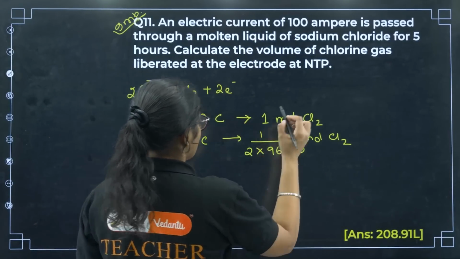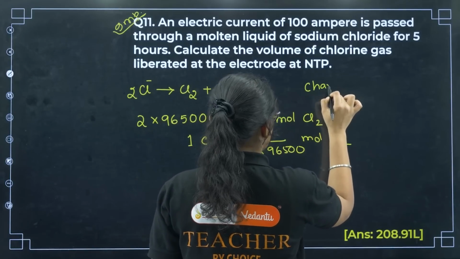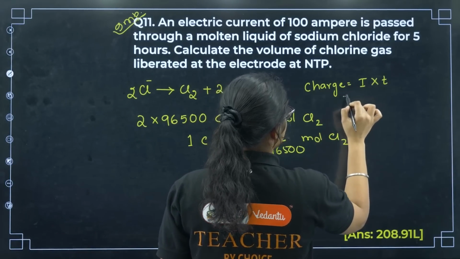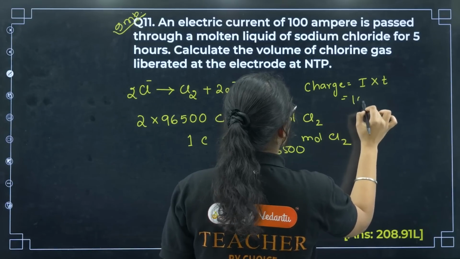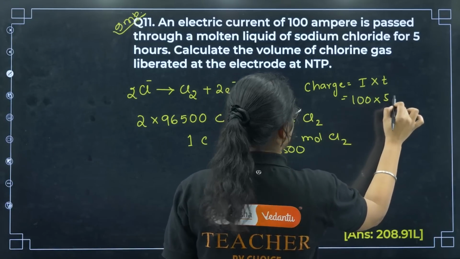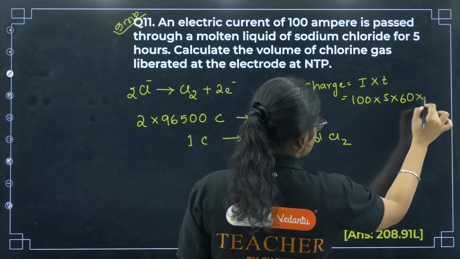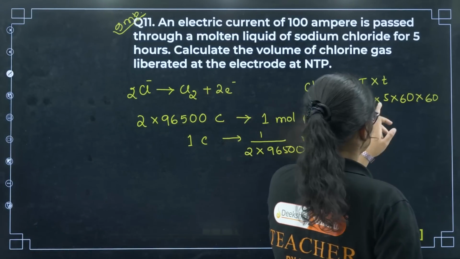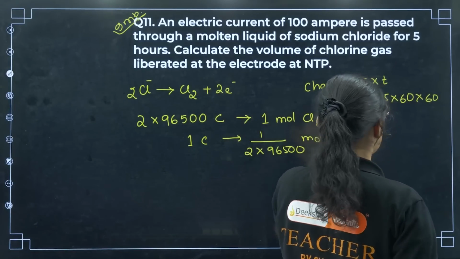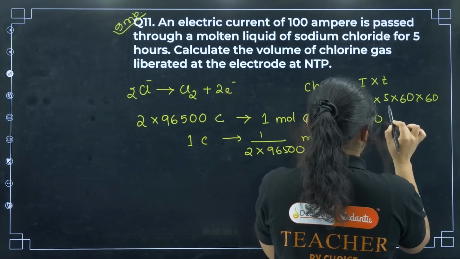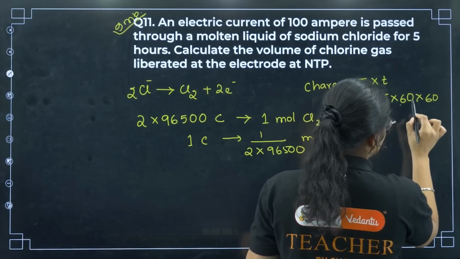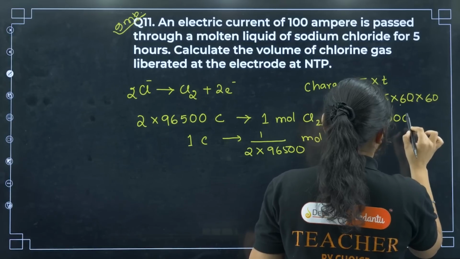So what is the amount of charge here? I into T, right? I is 100 ampere, T is 5 hours, into 60 minutes, into 60 seconds. So 5 times 6 are 30, 30 times 6 are 180, and that gives 1,800,000 coulombs.